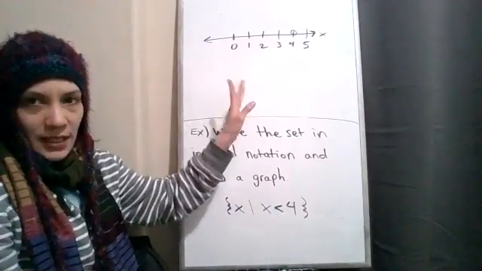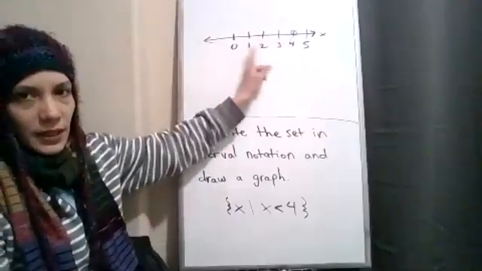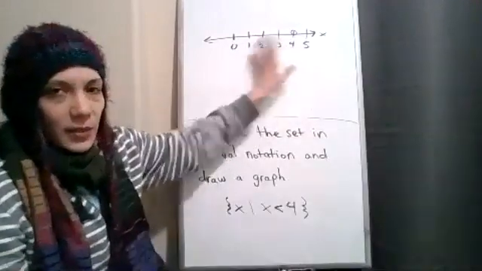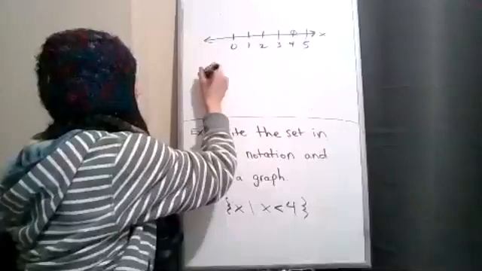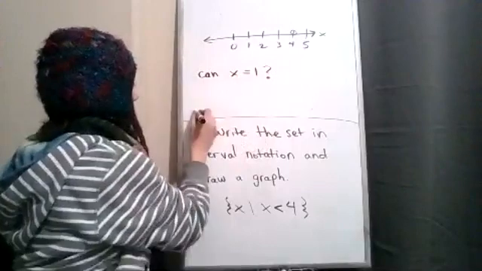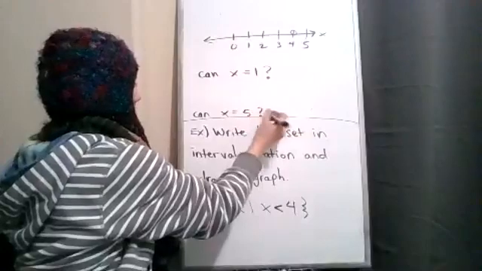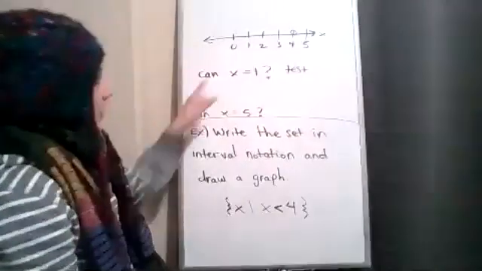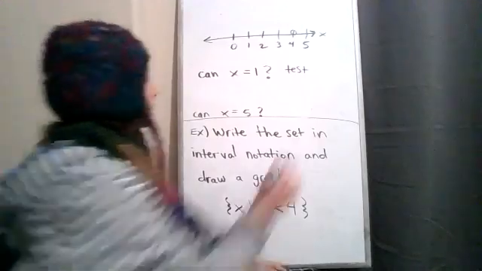And I'm going to do another testing part. We're going to pick some number on this side of 4, like 1. And we'll pick a number on the other side of 4, we'll choose 5. And see which side's the true side, which side our set is on. Okay, here, putting in 1 for x, is 1 less than 4?